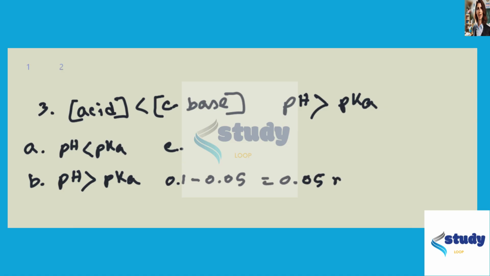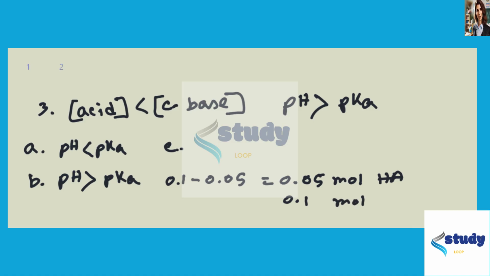The final acid amount will be 0.1 minus 0.05, equal to 0.05. So this will be the final mole of HA.